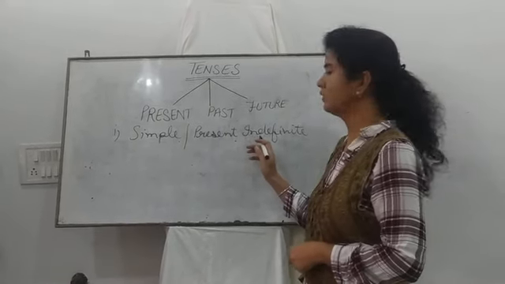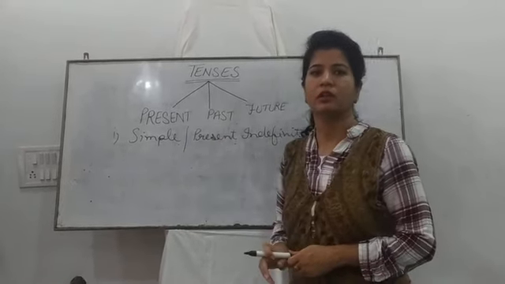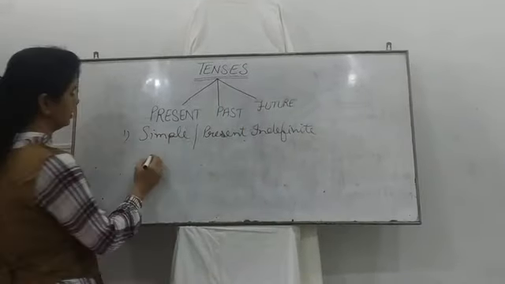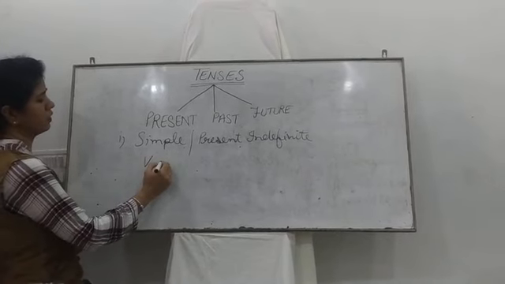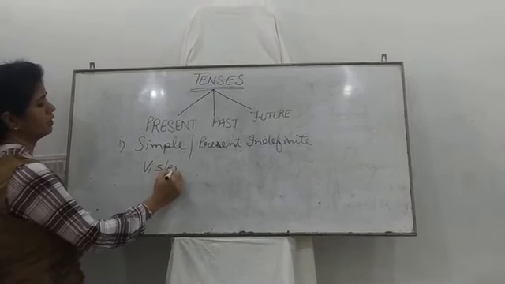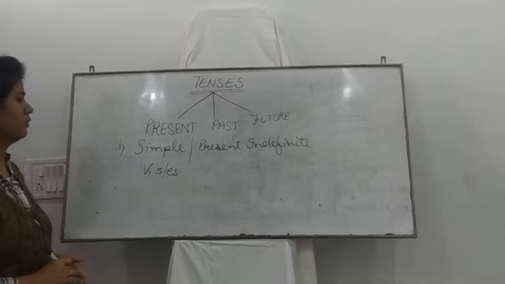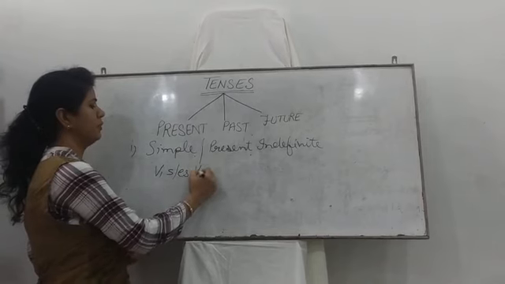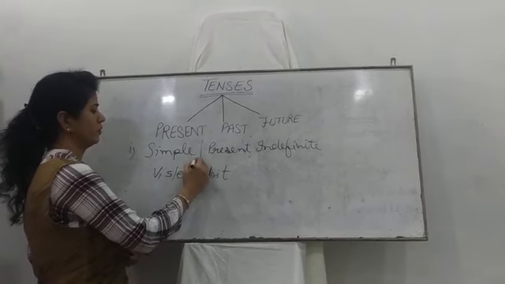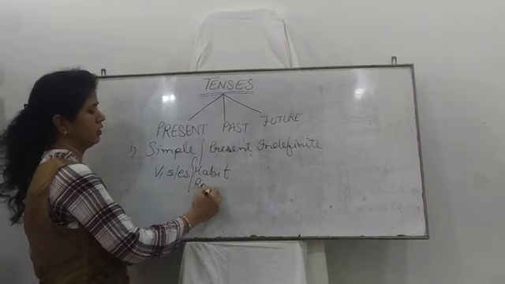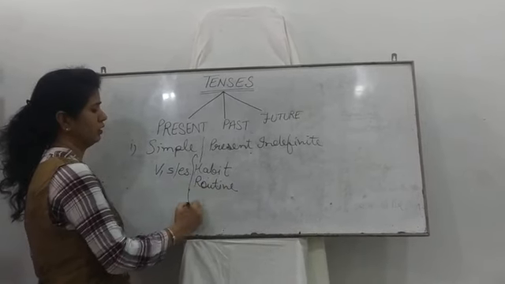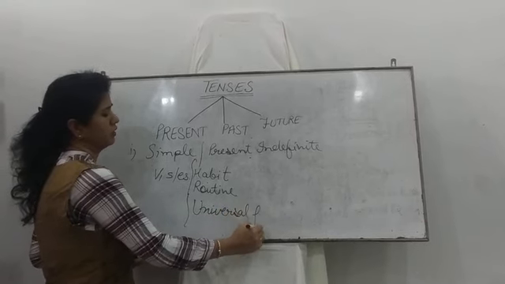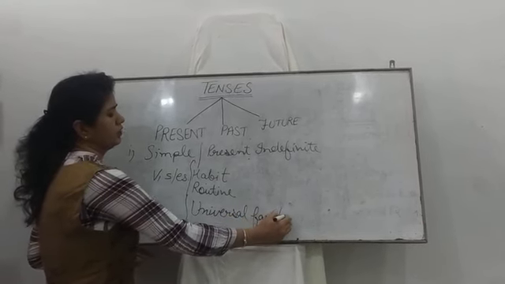In simple present tense, first of all, let's talk about the rules. The rule is we use verb's first form with S or ES, and we use this tense while talking about a habit, routine, or universal fact, or any general fact.